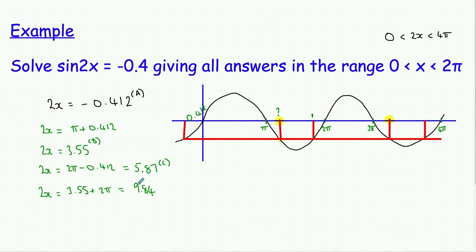And then I need to do a similar thing to get the last value with my 5.87. That will be 5.87 plus 2 pi. So C plus 2 pi is 12.15.